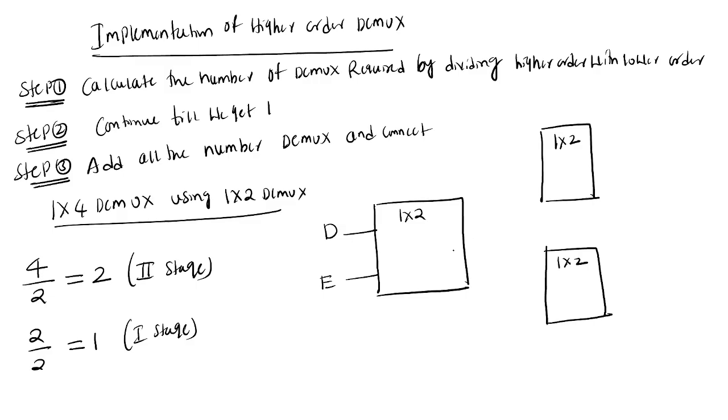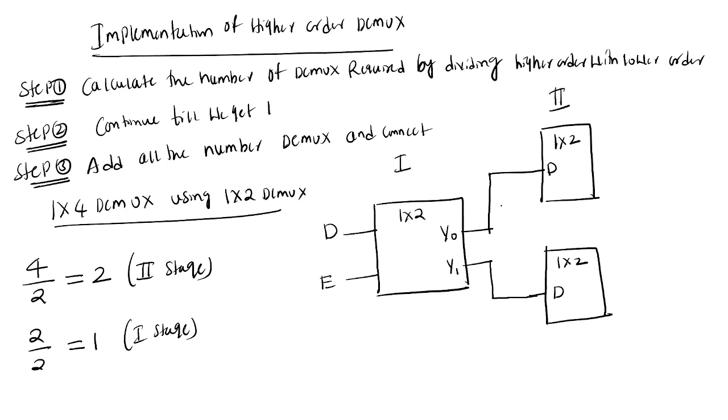One input and two outputs. Let us take the outputs are Y0 and Y1. Again, this is given as a data pin to this demux, and to this demux. And this is first stage and this is second stage.